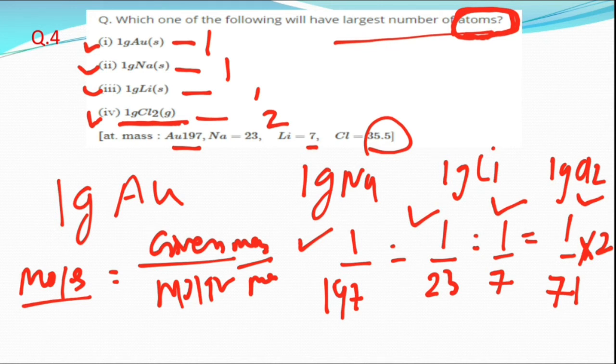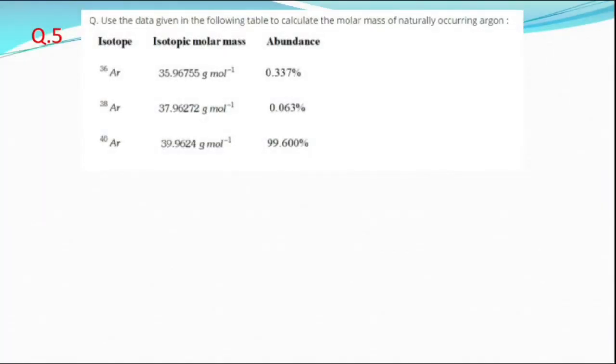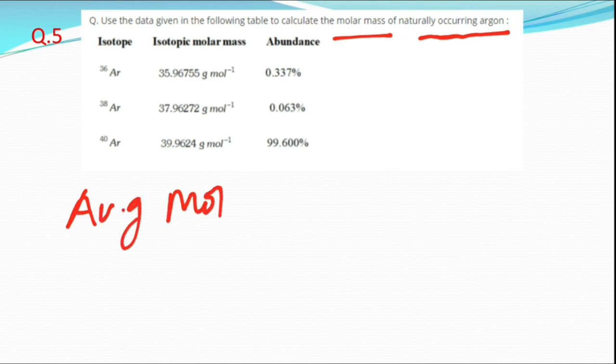Okay, so now let's discuss question number 5. Use the given data in the following table to calculate the molar mass of naturally occurring argon. So this question is related to average molar mass. Okay, what is average molar mass? The masses of all the isotopes multiplied by their natural abundance, divided by the total abundance.